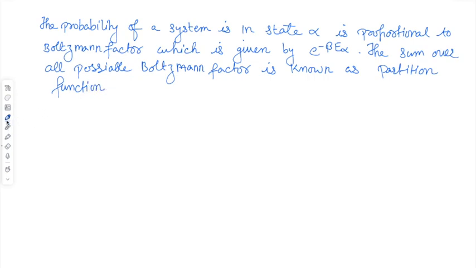The partition function is represented by the symbol Z. So I write down the partition function Z as the sum over all possible states alpha of e to the power minus beta E alpha.